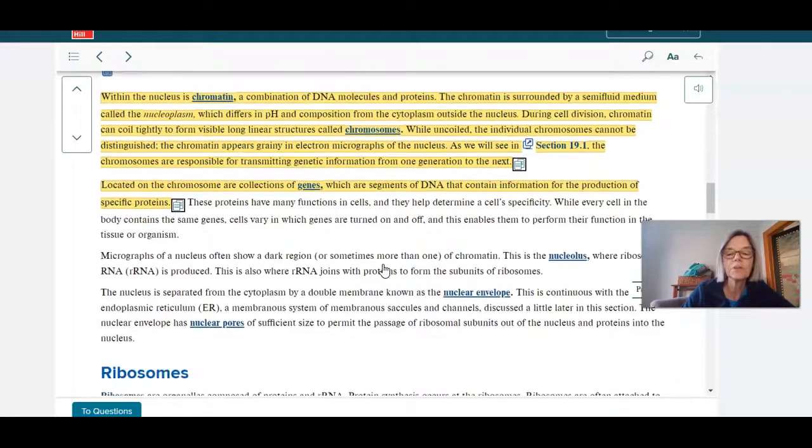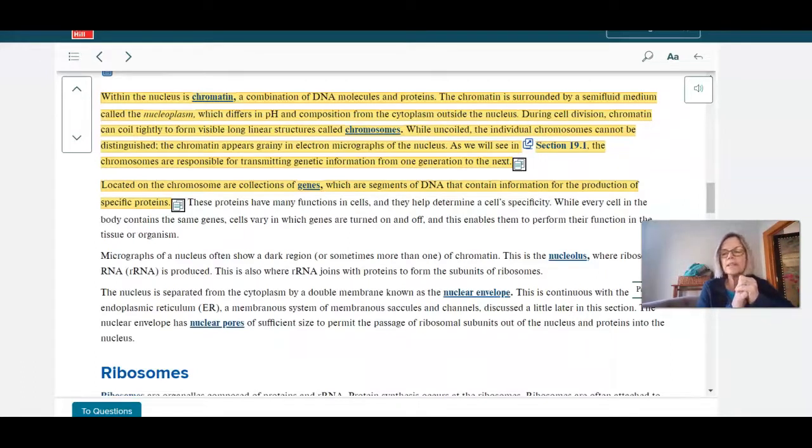Now, if we look at one chromosome, there are units of DNA within it called genes. A gene is enough DNA to encode for the production of a protein. So here you have a chromosome, and there are many hundreds of genes on that chromosome.